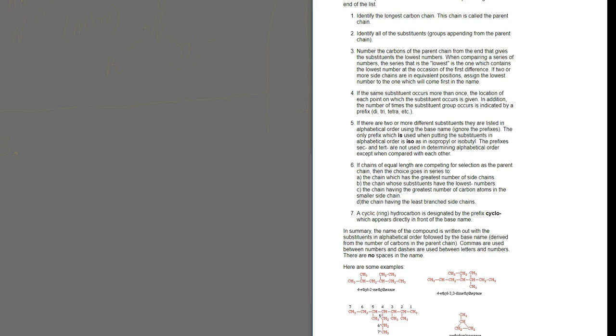So basically, if there's another way to name a compound between two, pick the one that has the substituents with lower numbers. So I'm just gonna word it like this.